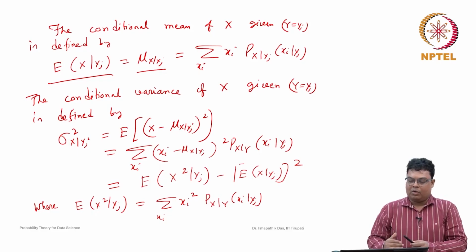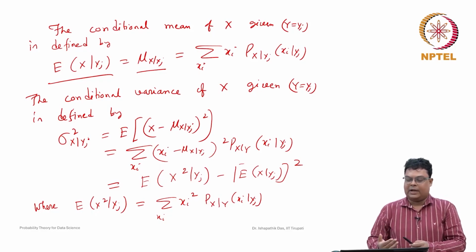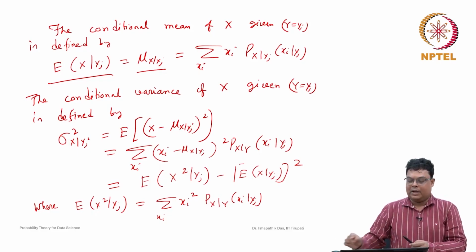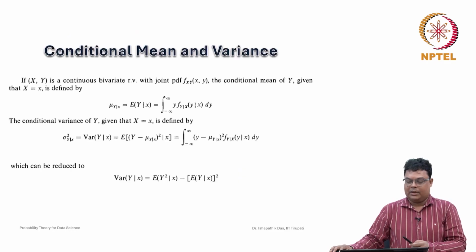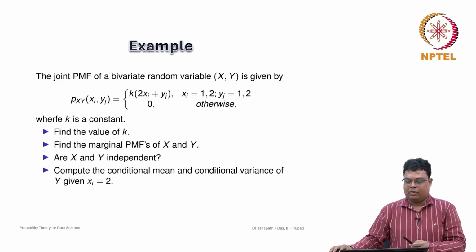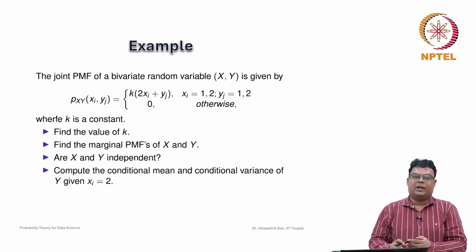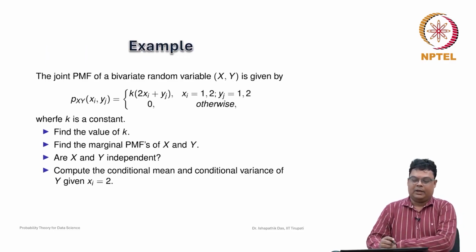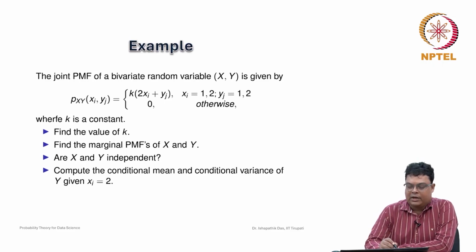Now for more clarification, to clearly understand it, we need to do some numerical examples. Let us do one numerical example. Before going to the continuous cases, let us complete this by discussing one numerical example. Here it is given that the joint probability mass function of a bivariate random variable xy is given by p of xy of xi, yj is k into 2xi plus yj.